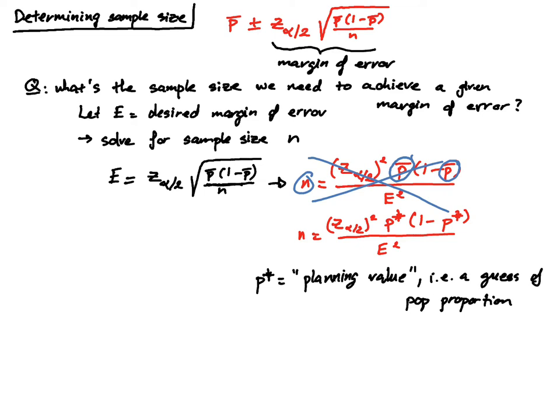So now, how do we determine the value of p star? There are three ways. The first way is to use a pilot study. The second way is to use a comparable study.